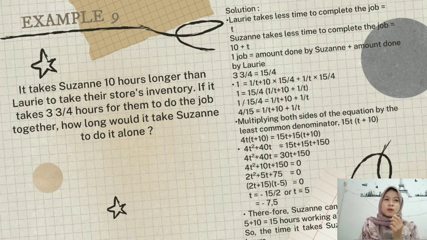Solution for this question: Laurie takes t hours to complete the job, and Susan takes 10 plus t hours.